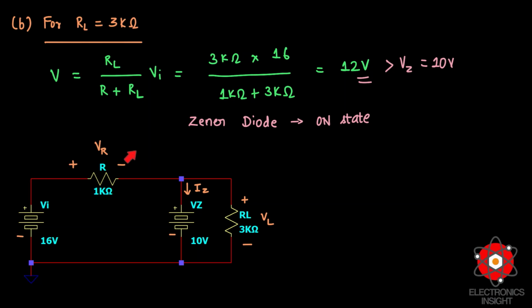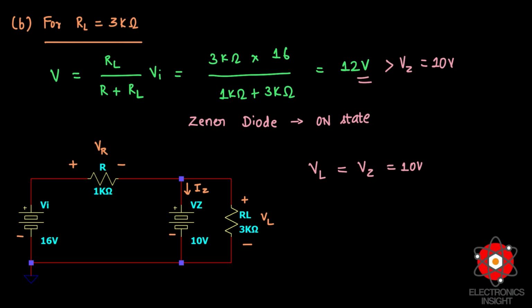Now, this equivalent circuit looks similar to a Zener diode acting as a voltage regulator, because you consider that here the voltage is across these two parallel elements, the VZ and VL. Because the voltage across parallel elements, we know that it must be same. Therefore, VL is going to be equal to VZ, which is 10 volts.